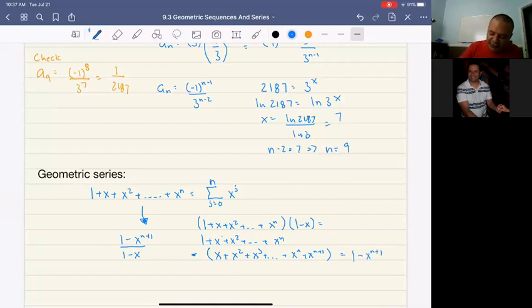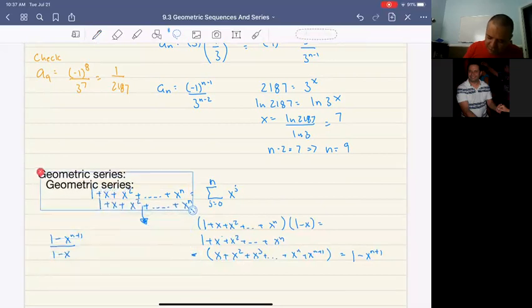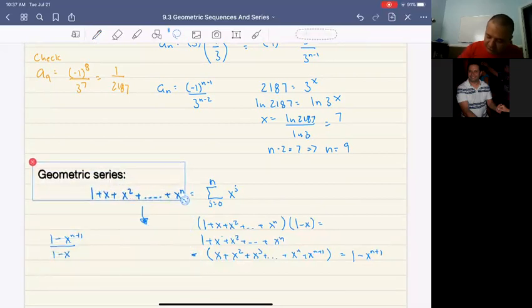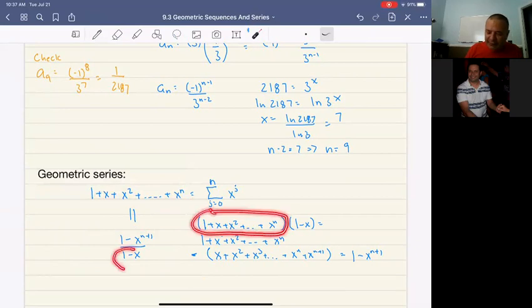So what's going on here again? This sum is equal to this expression, and the way that we get there is by multiplying out the sum times this divisor.